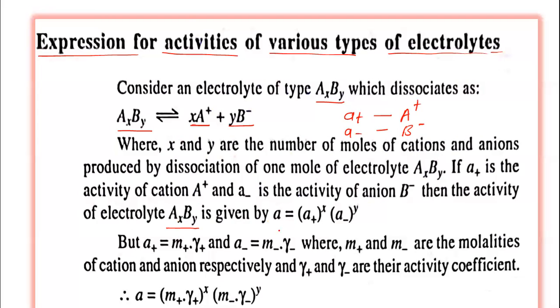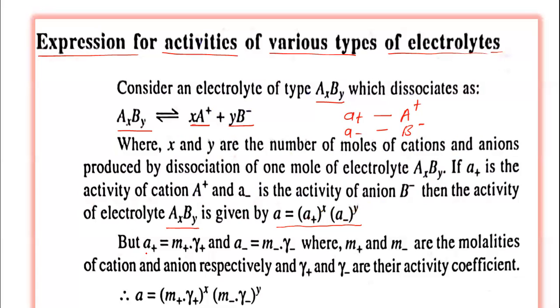It is given by: activity of the electrolyte AXBY is equal to the activity of the cation multiplied by the activity of the anion. As there are X number of cations present, we write A plus raised to X and A minus raised to Y.